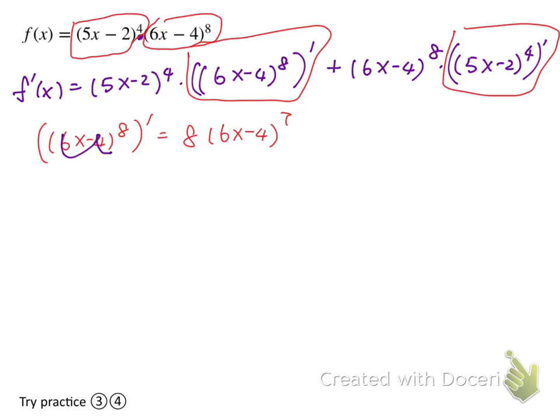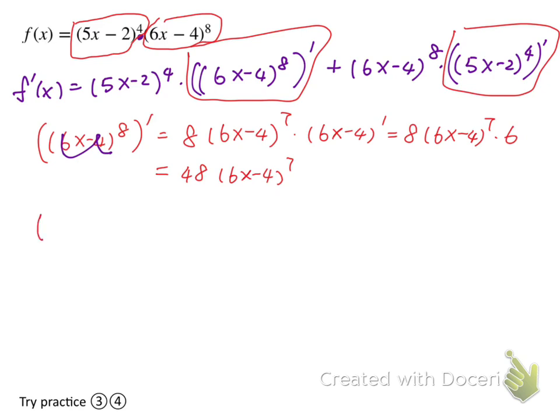But if the base is not x itself, you need to differentiate, pretty much follow by du/dx, which will be the base differentiated. So 8 times (6x minus 4) to the 7th power times 6. Okay, this gives me 48 times (6x minus 4) to the 7th power.